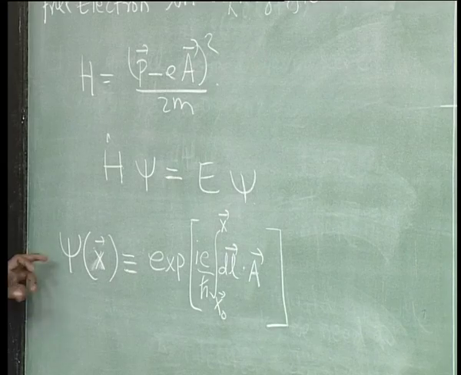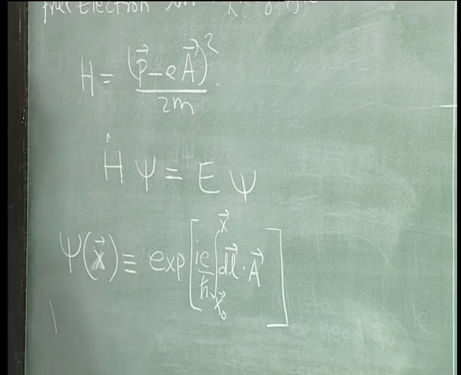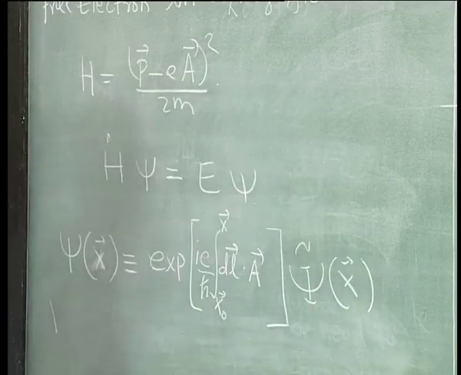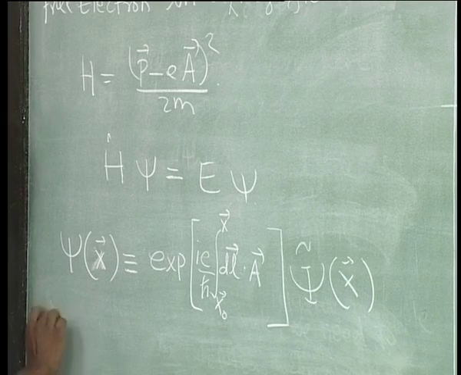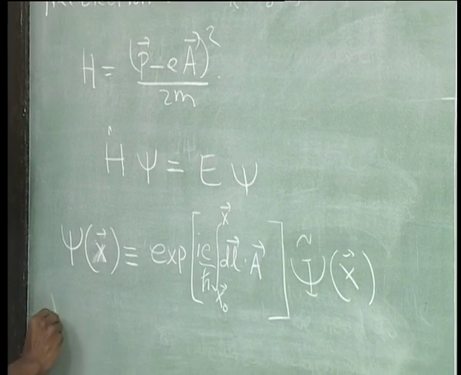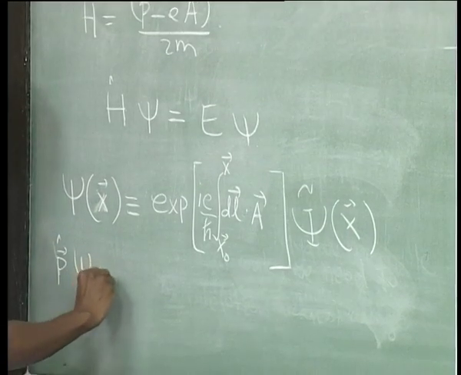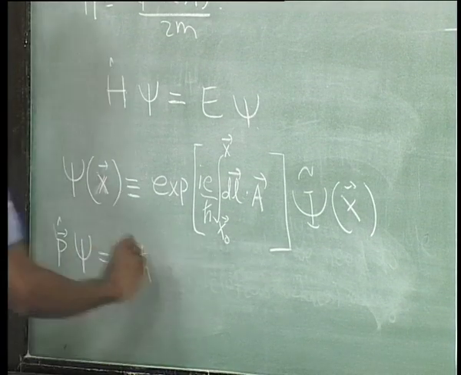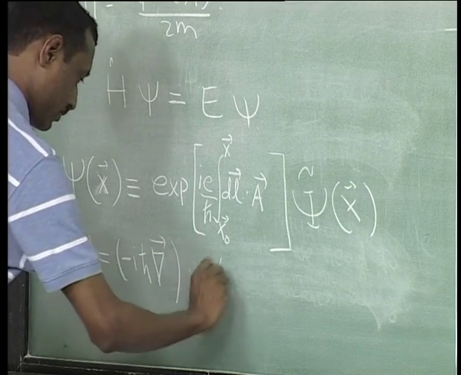Okay, and let us act on this with p, with the derivative, and ask what you get. So grad times, okay. So let us, so p acting, the operator p acting on psi is nothing but minus i h bar del acting on psi of x.